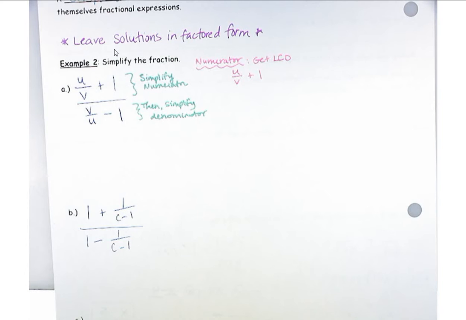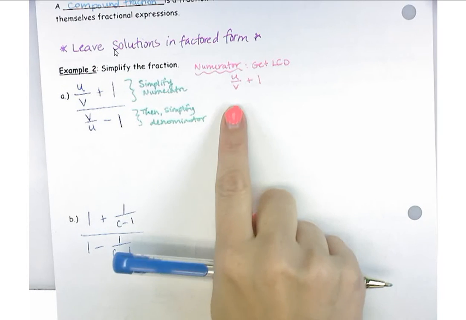Please go ahead, and if you're already with me, then you can start doing this. Okay, and Summer, what's our LCD going to be for u over v plus 1? So start with the denominator, the first one. So for u over v, what's our denominator?